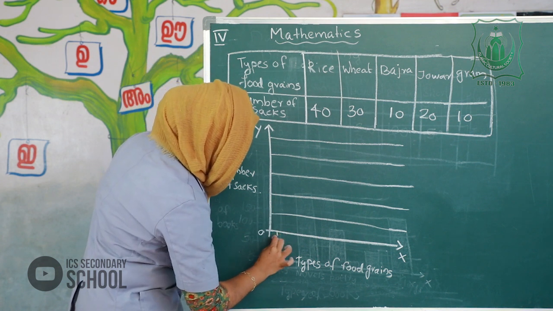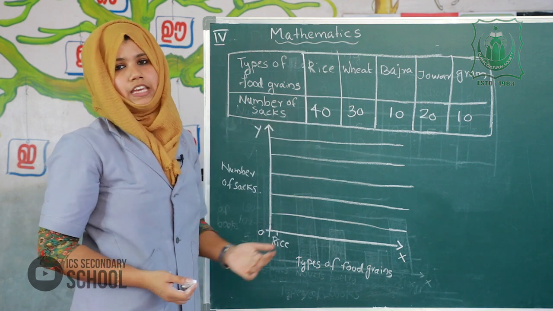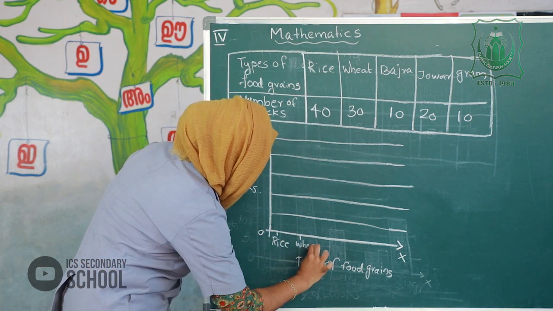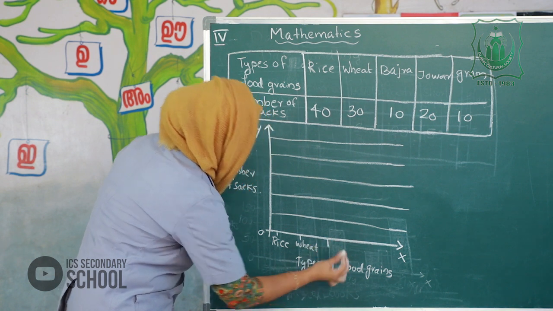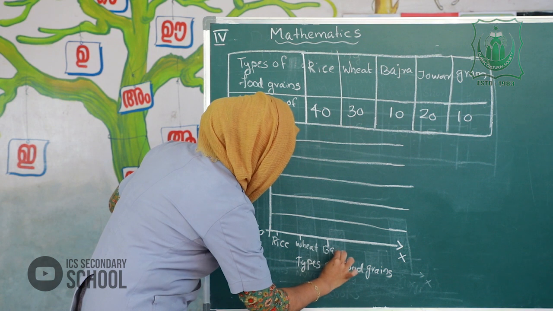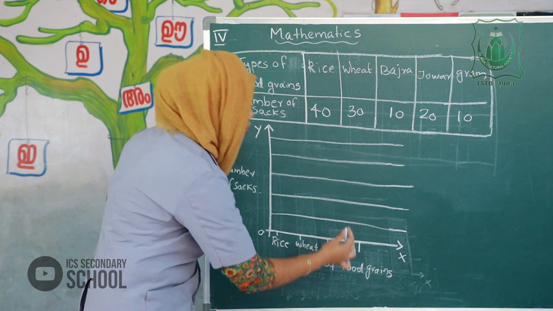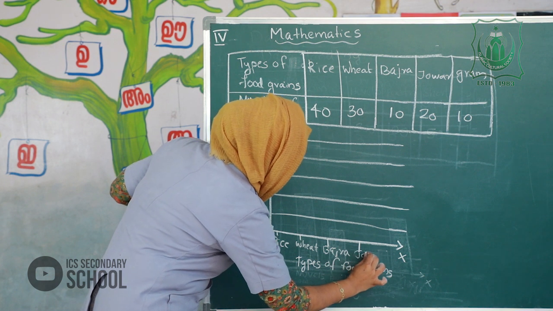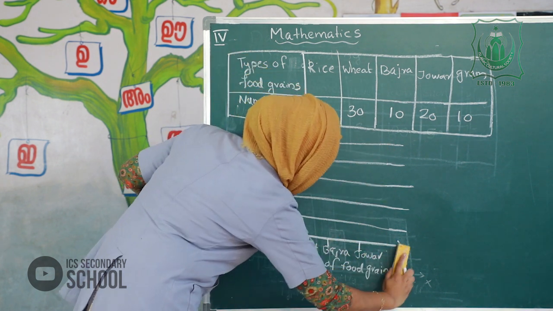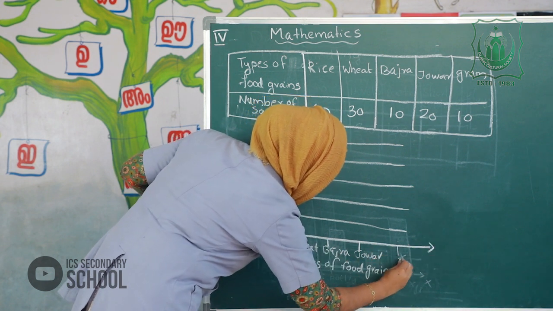Okay, and the first one is here the rice. Next is wheat. And bajra. Jowar. And the last one is gram.